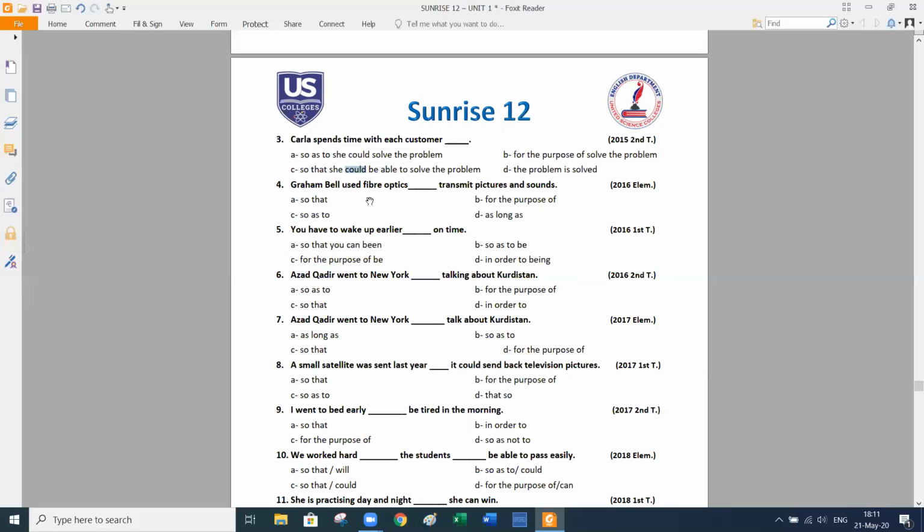It seems to be correct. Let's look at D. Carla spends time with each customer, the problem is solved. So none of those structures is used in D, and it doesn't make sense. So the correct answer should be C, so that she could be able to solve the problem.